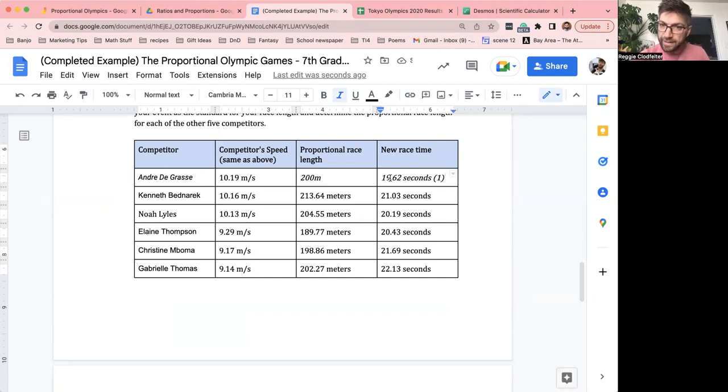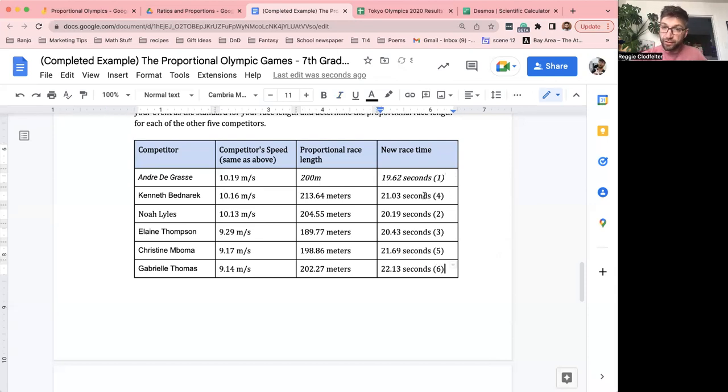He has the least amount of seconds to run the race. My new number 2 is Noah, and my new number 3 is Elaine. Then Kenneth comes in 4th instead of 2nd. Christine comes in 5th again, and Gabrielle comes in 6th again.